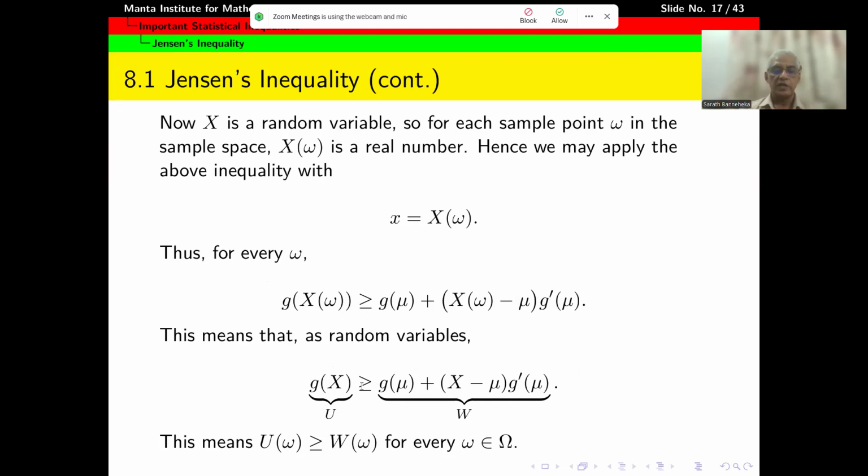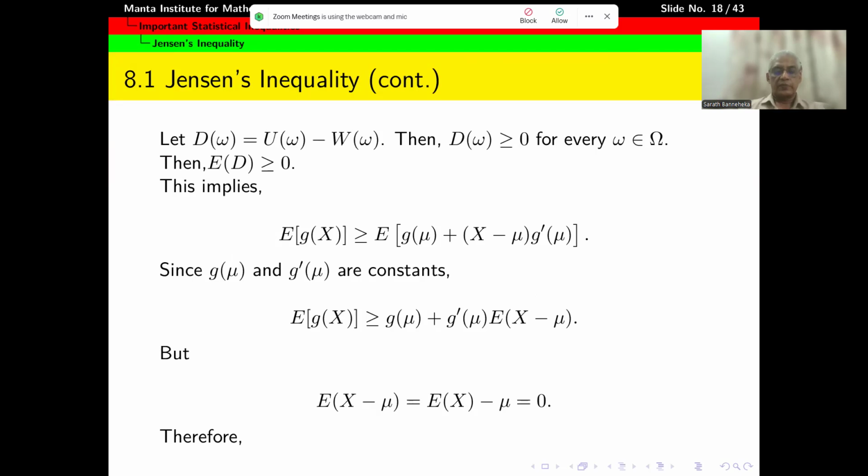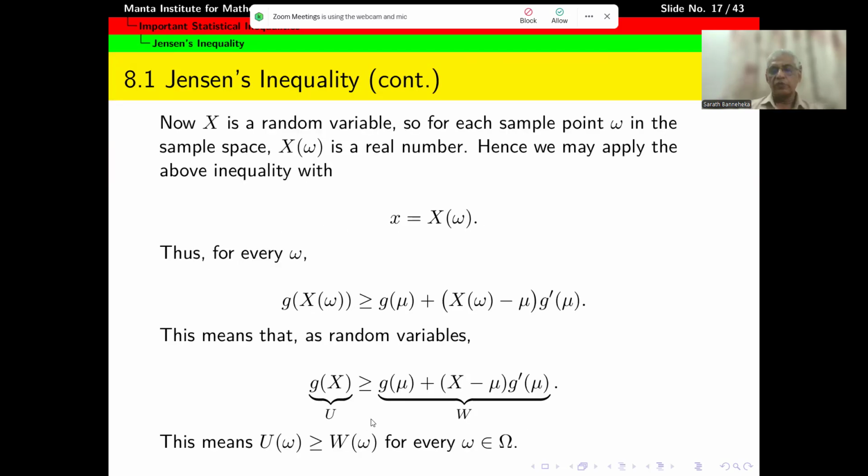So this is like saying some random variable U is greater than or equal to another random variable W, right? So now, when do you say one random variable is greater than or equal to another random variable? By definition, we say one random variable U is greater than or equal to another if, right, both random variables have to be defined on the same sample space.